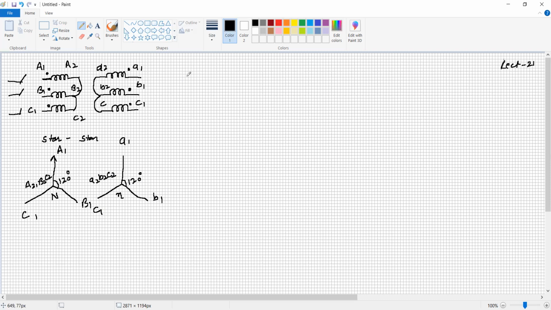Now, the secondary terminals A1, B1, C1, A2, B2, C2 are redrawn here, and this shows the instantaneous polarity of the winding with respect to the primary winding.